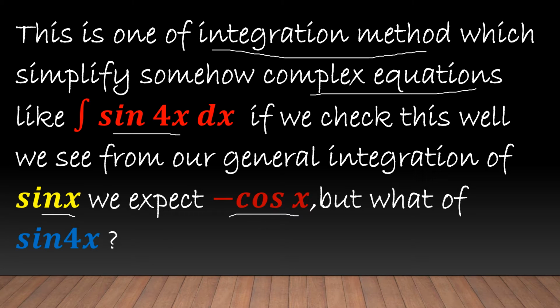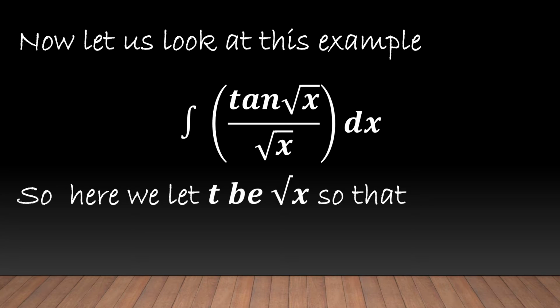But it's not very direct to do the integral of sine 4x. So if you look at this one, you find that you need to do some modification. Let's look at this example here and let's see how we play with it.